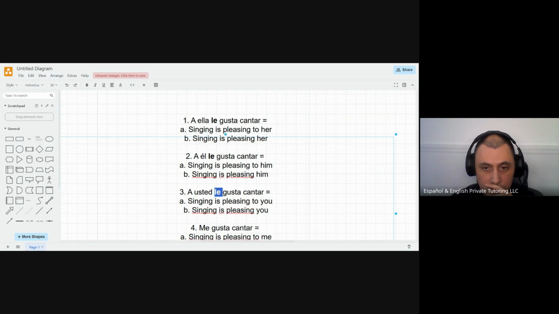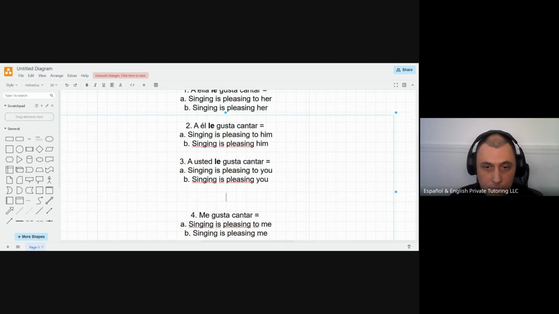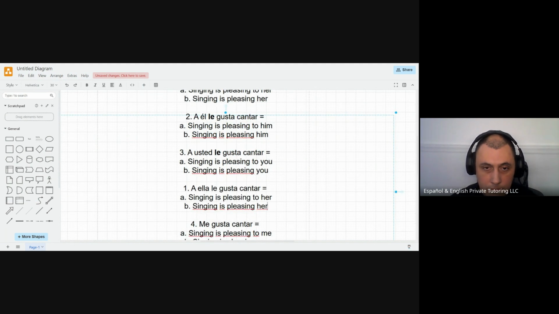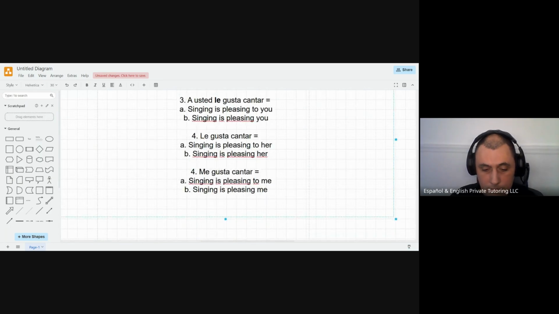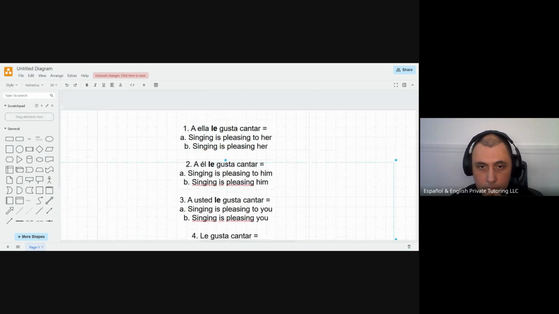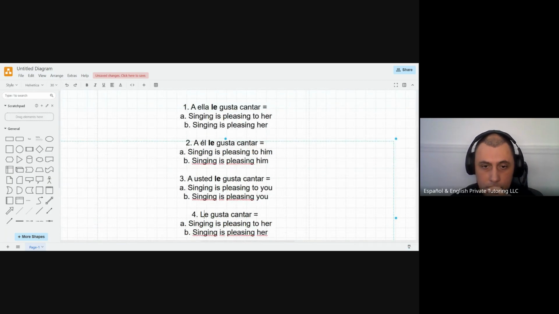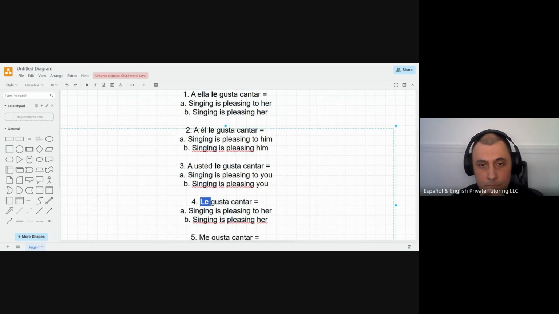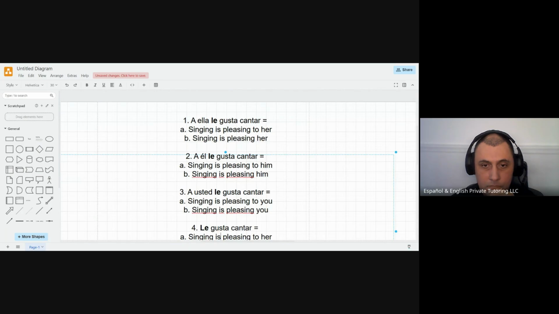Okay. And let me see if I can give you more sentences. Le gusta cantar. So you notice here in these 4 sentences, I'm using le.